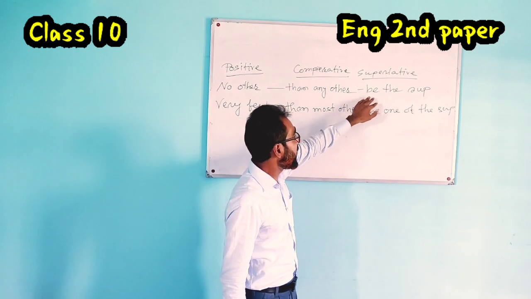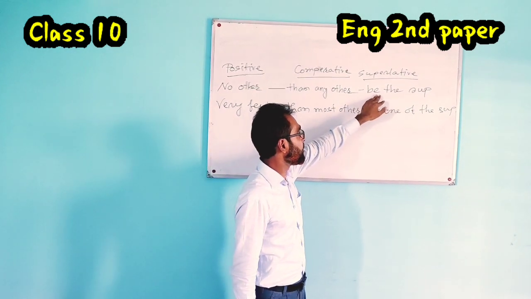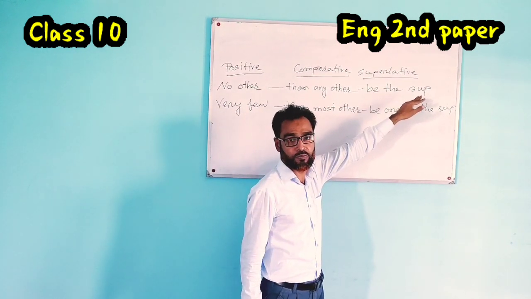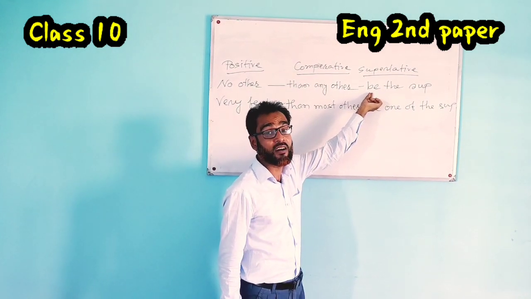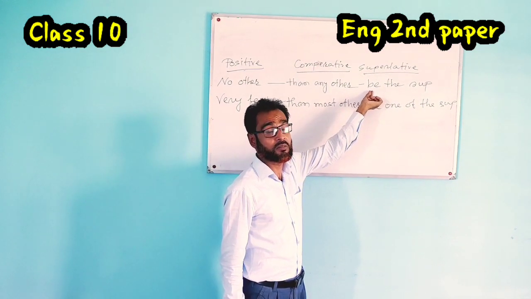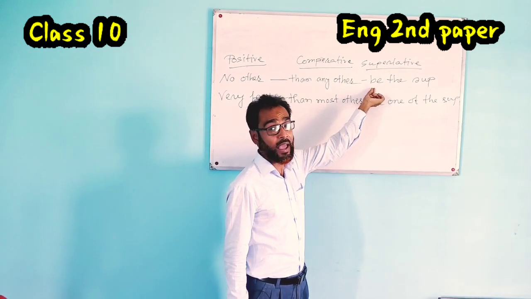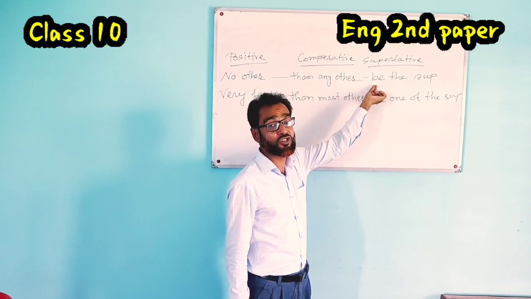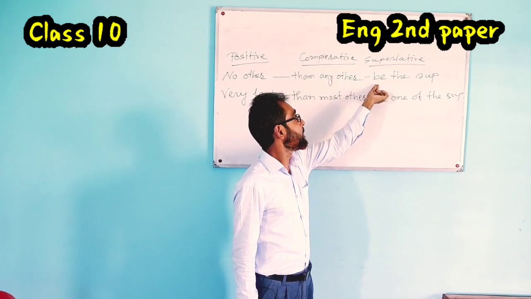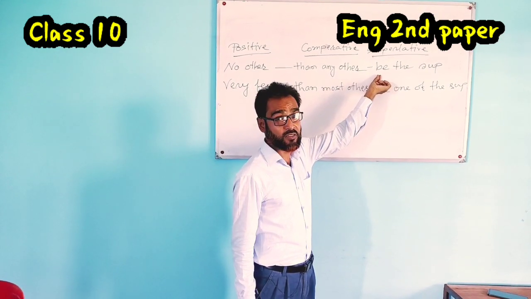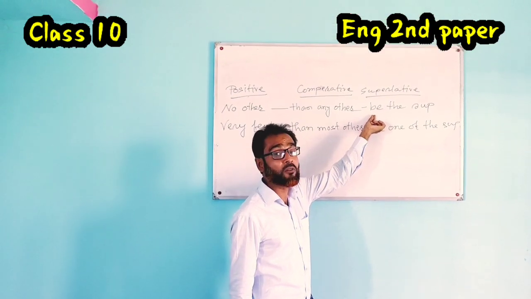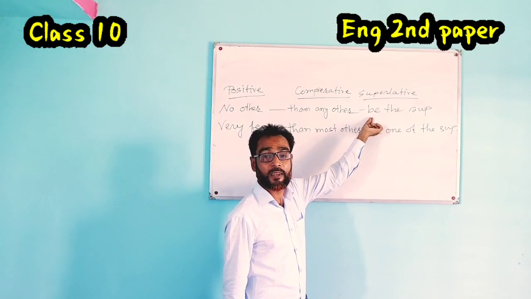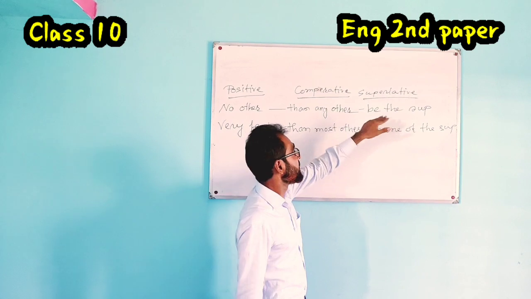But whenever you get B, the, sup: B means am, is, are, was, were. Am, is, are will be used for present tense. On the other hand, was and were will be used in past tense.